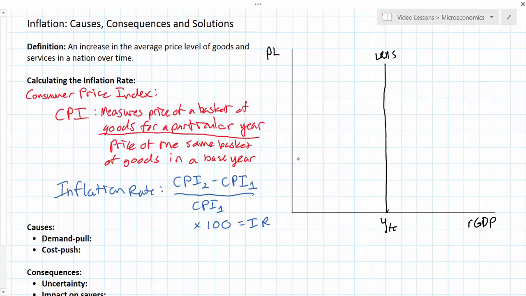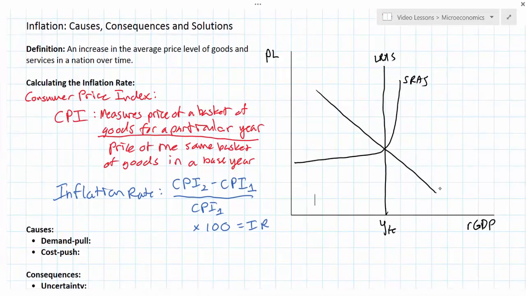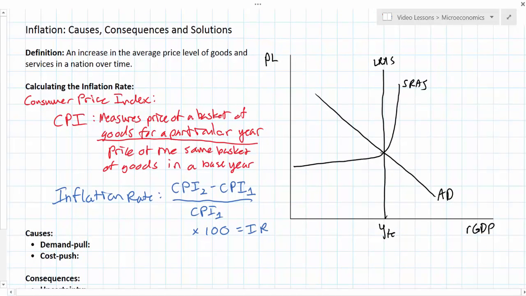We'll do a short run aggregate supply curve representing the Keynesian view of the economy, and we'll assume that this economy begins at full employment. In other words, the equilibrium level of output, the intersection of AD and AS, is at the full employment level. We'll also assume, of course, that at full employment there is a low and stable rate of inflation, which corresponds to the price level of PLE.